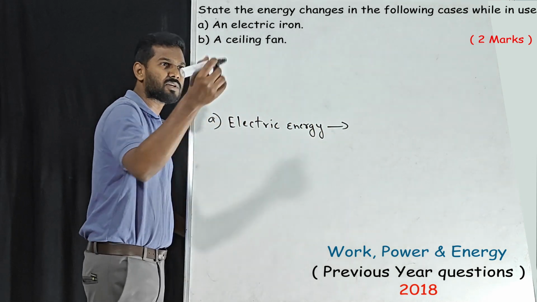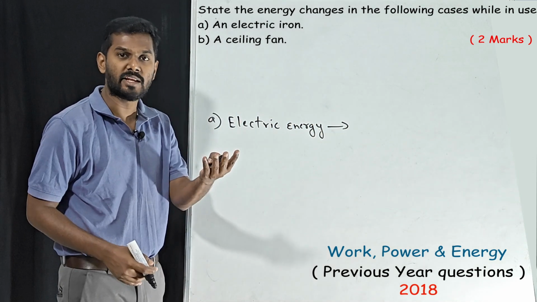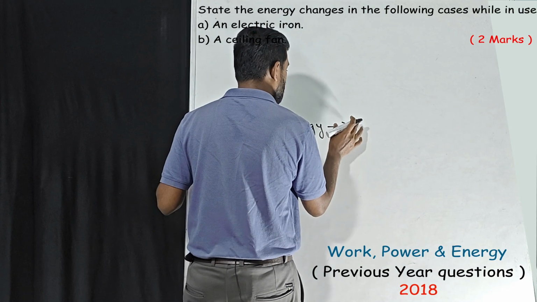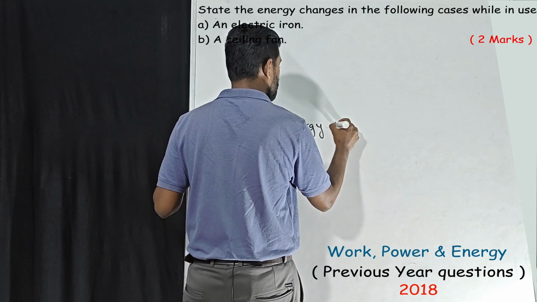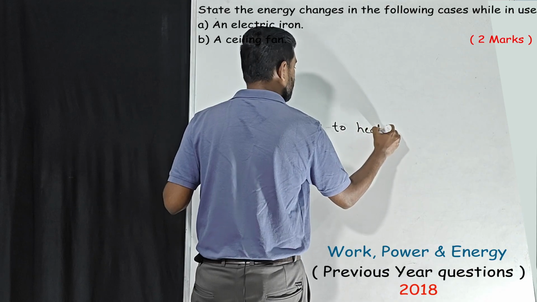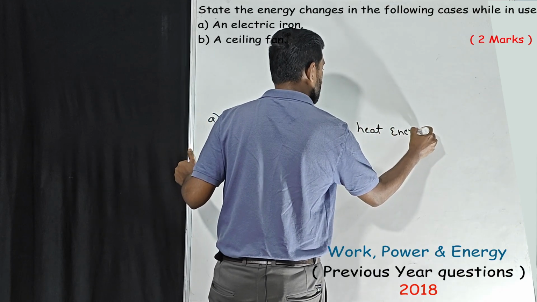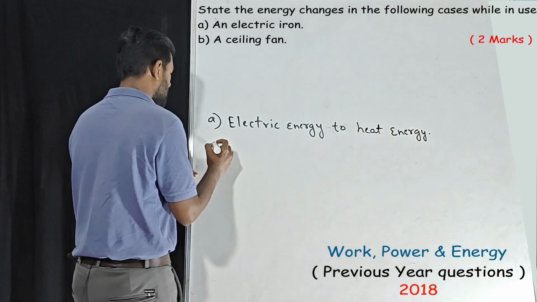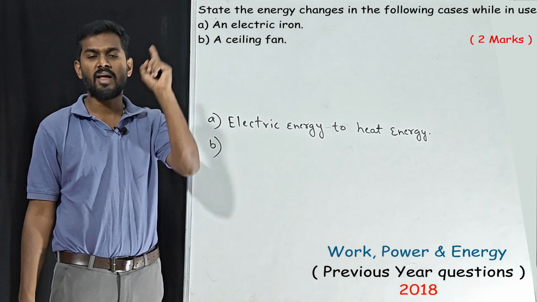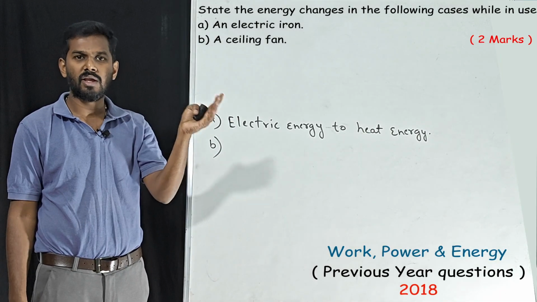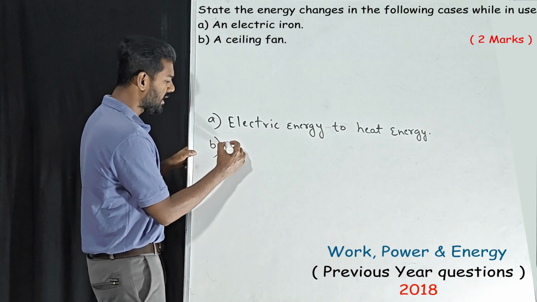Why do we use an electric iron? For heating purposes, correct? So you can write it as electric energy to heat energy. Second one, ceiling fan. A ceiling fan is nothing but the normal fan, which again runs because of electricity.